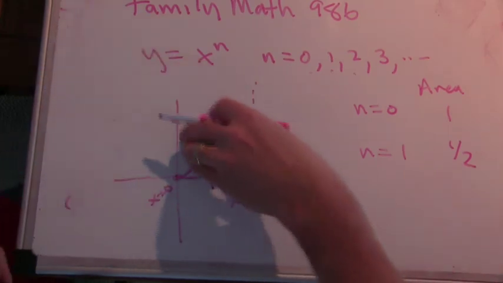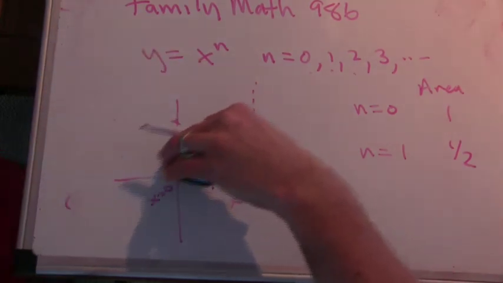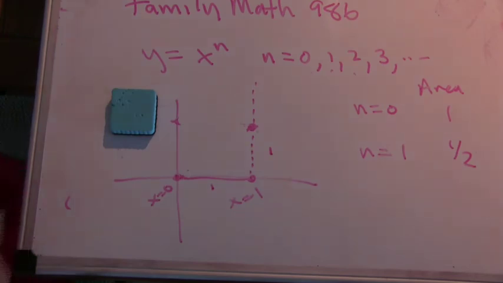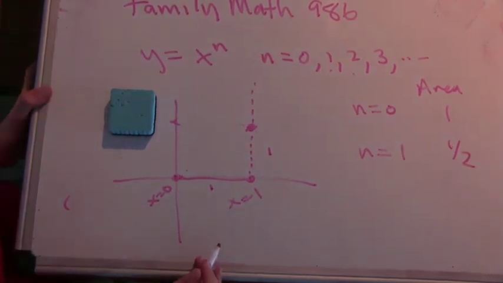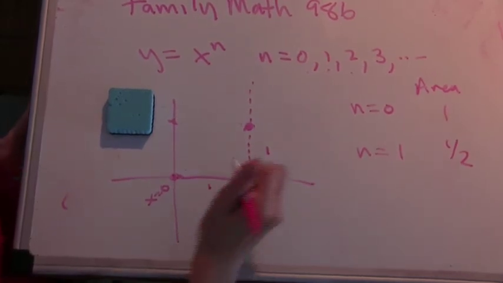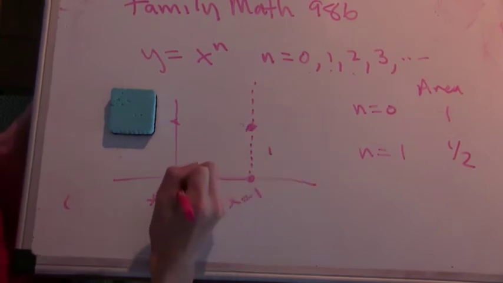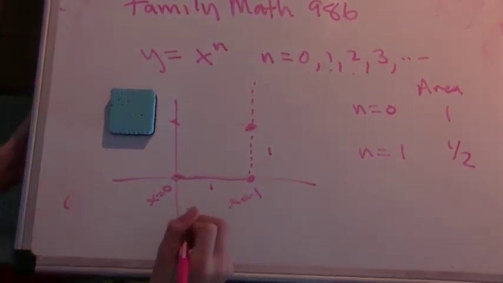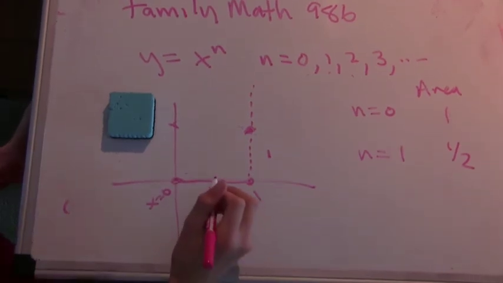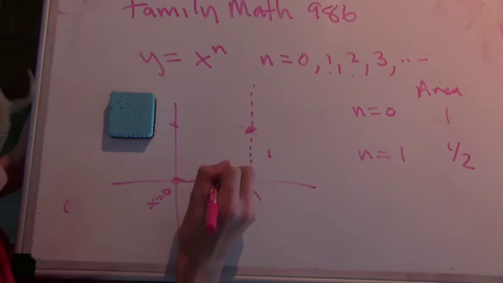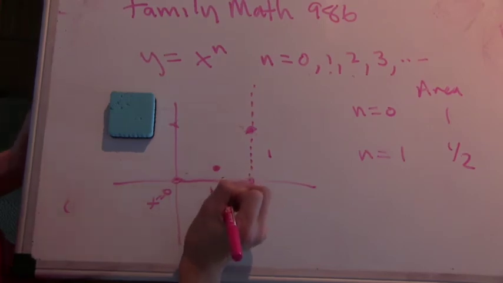What happens when n equals 2? What kind of shape do we have here? It's sort of a parabola. You have y equals x squared, so you still have these 2 points, but it would be more curved. When x is a half, you get a fourth, so that'd be here.